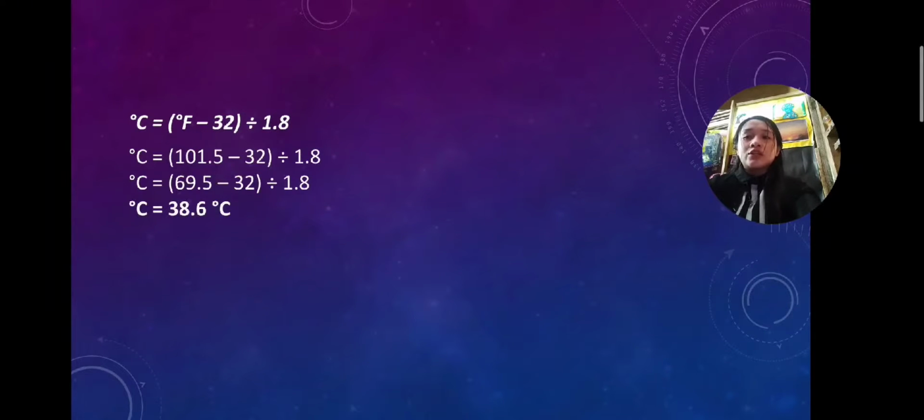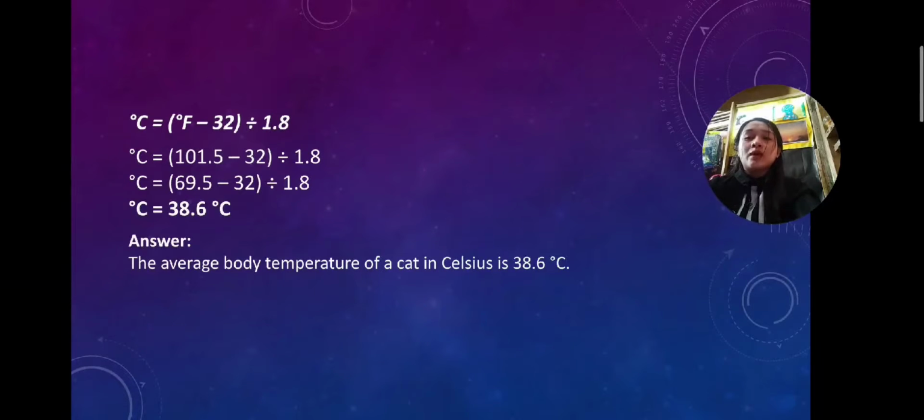That's easy. Just substitute 101.5 for degree Fahrenheit minus 32, and you come up with 69.5, divided by 1.8. The result is the same, 38.6 degrees Celsius. So the answer is that the average body temperature of a cat in Celsius is 38.6 degrees Celsius.